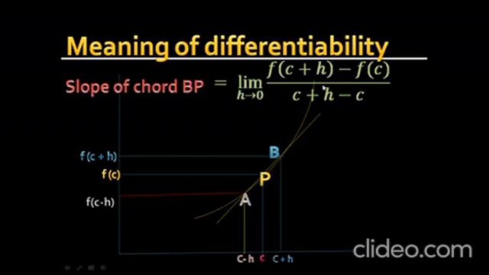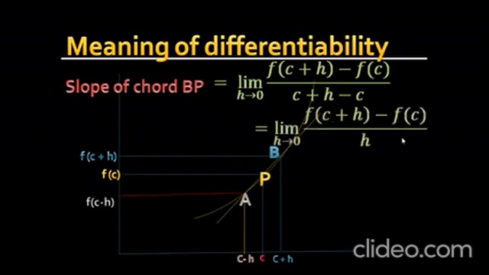So we can write limit h tends to 0 of [f(c plus h) minus f(c)] upon h, because in the denominator c and minus c cancel each other, so the denominator becomes h.